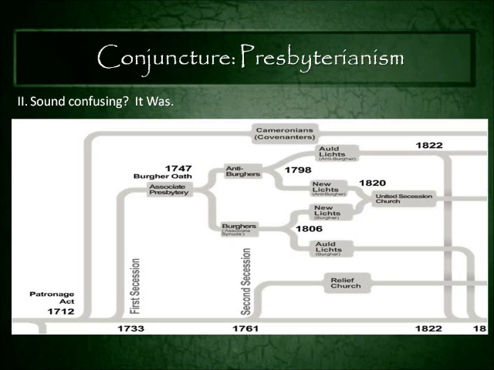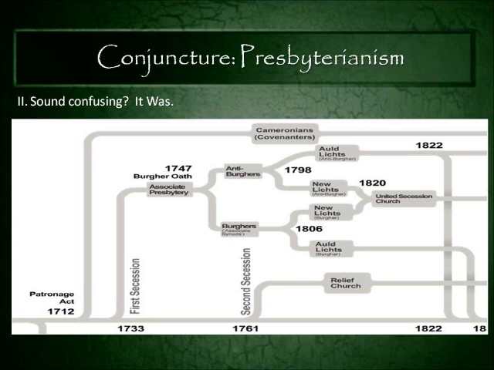And New Light, Burgher Seceders. And so, if that sounds confusing, it is. It makes a mess, especially when you realize that all 4 of these groups are pointing fingers at the others and saying, you are not the real Presbyterian Church. We're the real Presbyterian Church. The rest are heretics.